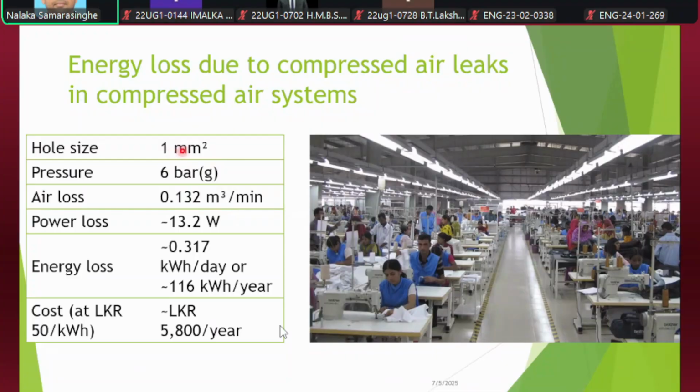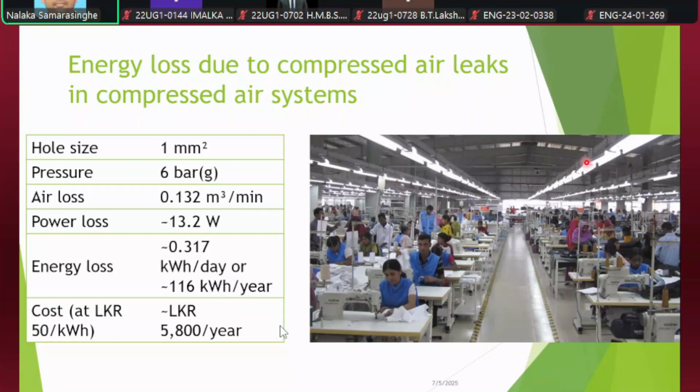Here the hole size is 1 square millimeter. Let's say the line pressure is 6 bar in a compressed air system. In such cases, there is a loss of 5,800 rupees a year, but that is for a 1 square millimeter hole.